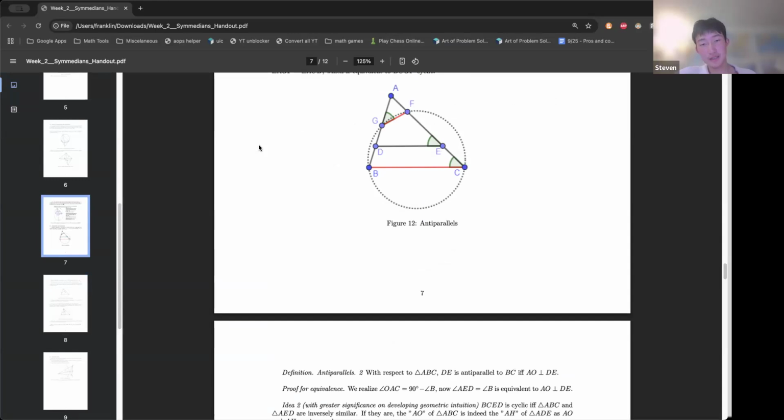The reason it's called antiparallel is because if you draw the antiparallel of BC, call that GF, and then you draw the antiparallel with respect to GF, call that DE, you're going to find that DE is going to be parallel to AC. The proof is quite straightforward. If you take the antiparallel of the antiparallel, so if you take it two times, it's going to be parallel. And it's a really common configuration that occurs in geometry.